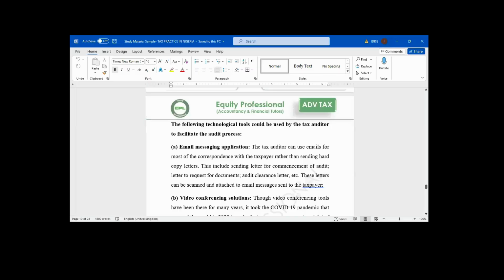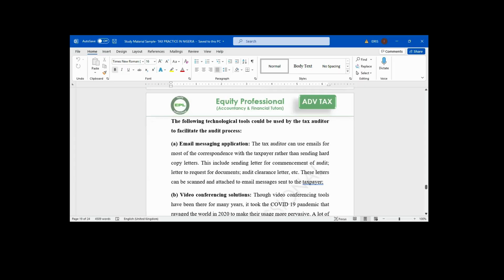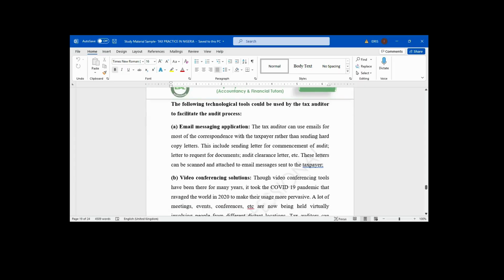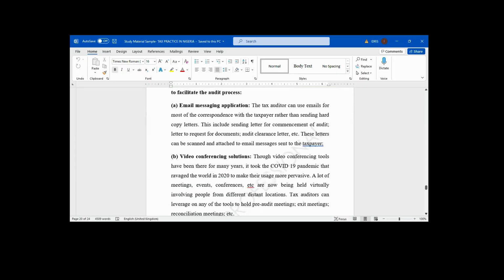Another technology tool used is called video conferencing solution. During COVID-19 in 2020, most of the tax authorities couldn't go to the client's office to do tax audit. Most of the tax audit was done online through the use of video conferencing.